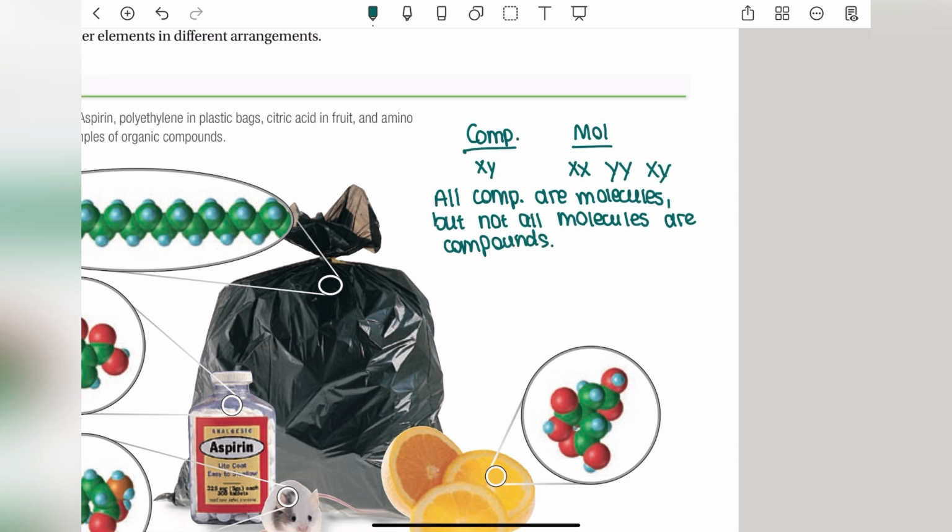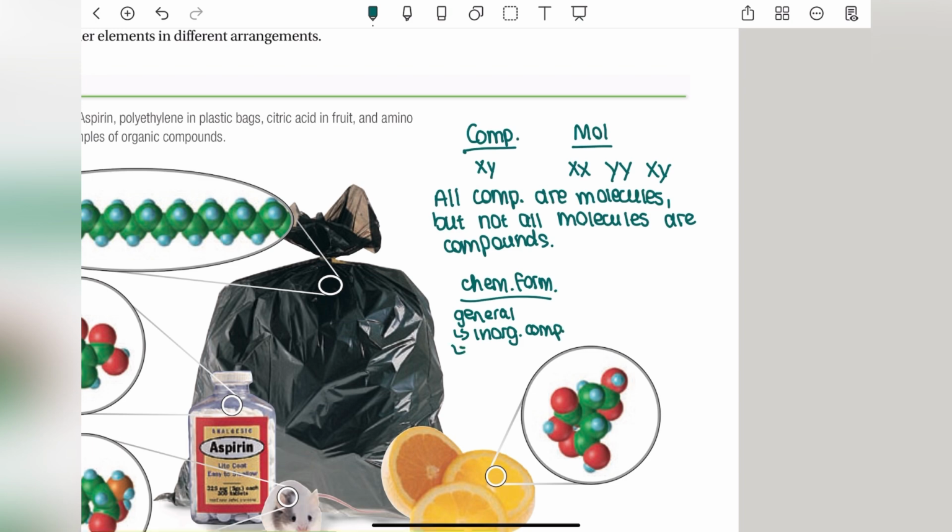And then from here we can talk about molecular and chemical formulas. Chemical formulas are more general and can be applied to inorganic compounds.